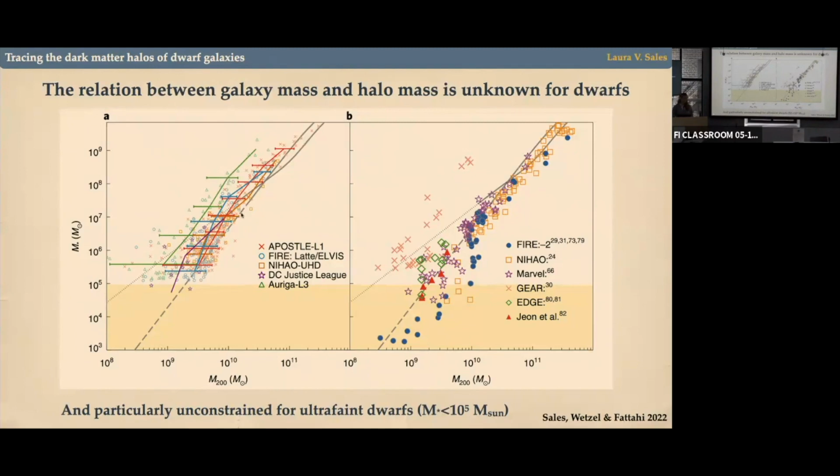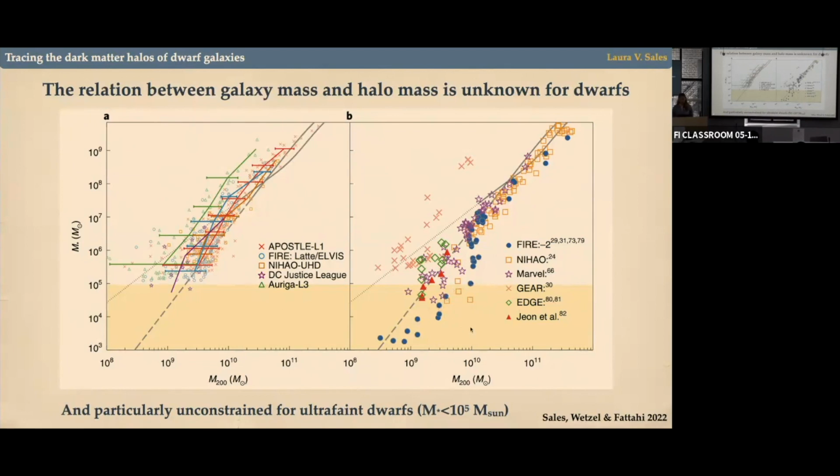However, when you go to the lowest mass galaxies that I would call ultra faint, defined as stellar mass lower than 10 to the 5, then the predictions either start to differ or they are kind of scarce. And so you move on to the right panel over here. Again, these are either the same or a different compilation of very different codes.